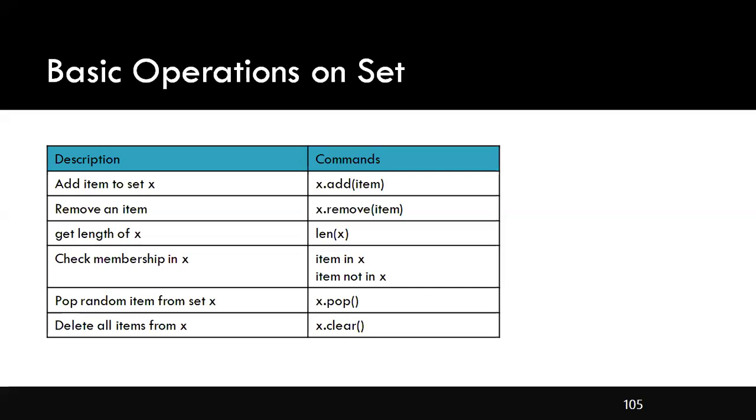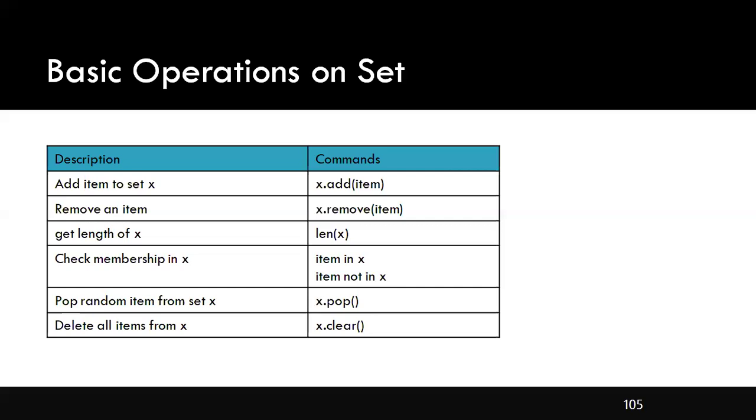What are the basic operations you can do on a set? You can add an item to a set using the add method, and use the remove method to remove values from the set. You can find the length of your set. You can use the in operator and not in operator to check whether a specific value is available in your set or not.